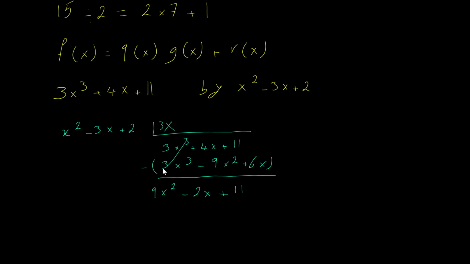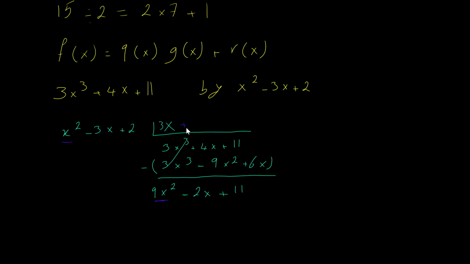Now we do the whole thing again. So here we have 9x squared. Let me change the color. We have 9x squared and we want to match it with that. What do we get? We are missing only a 9.